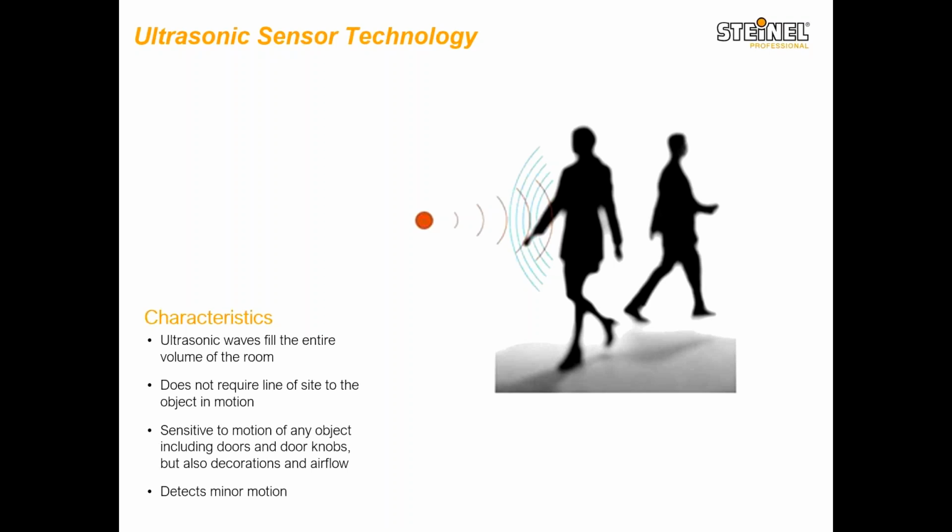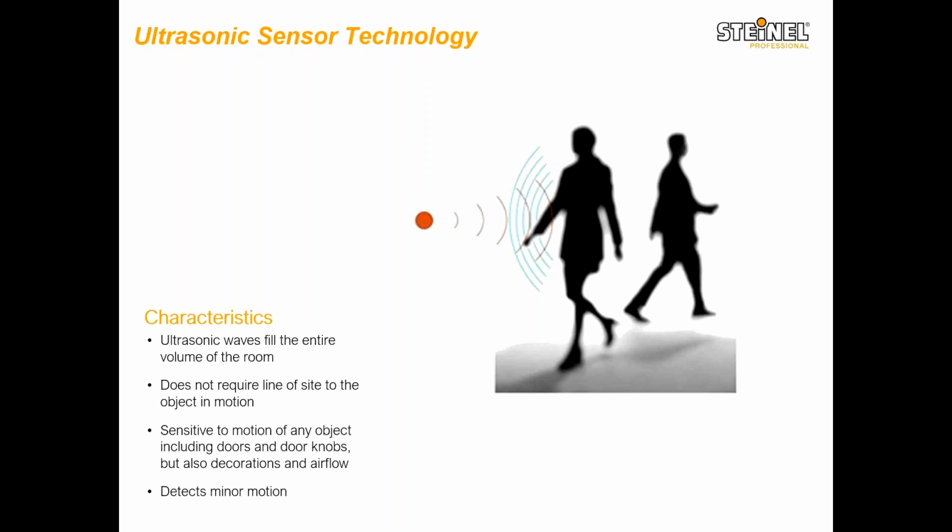What happens is a sound wave is emitted through a transducer, or you can say a speaker, into the space, fills up the volume of the space, and then when it bounces back off of the objects, you have another transducer, or a microphone of sorts, that listens to the sound wave that has come back and processes it.